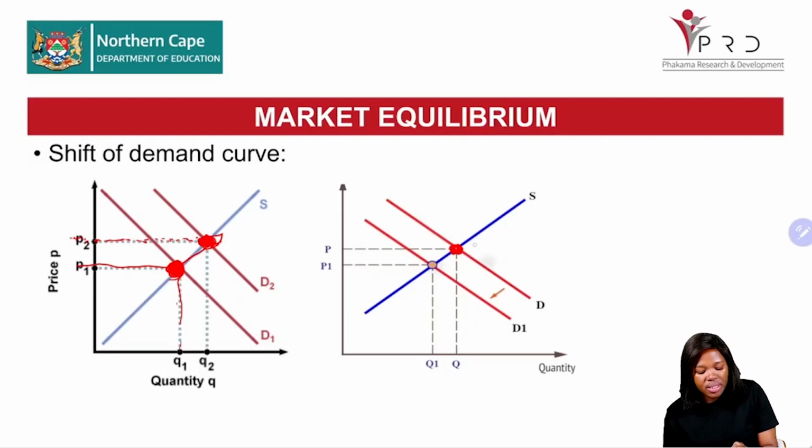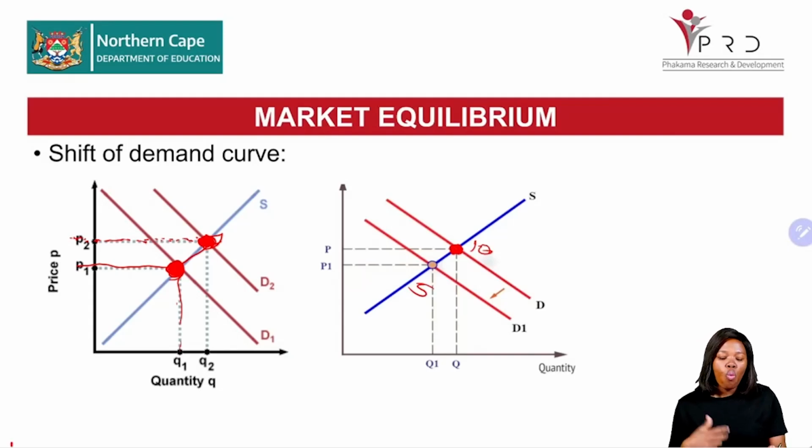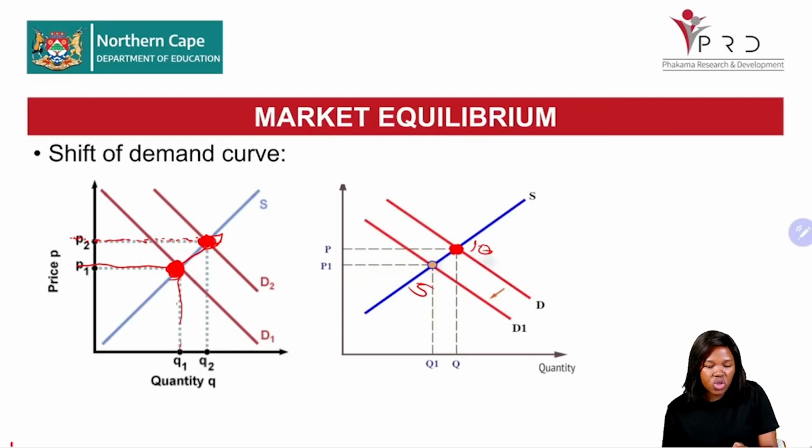we had about 10 consumers that were demanding the product, and then this demand decreased to 5, what will happen in the market? The demand curve will have to shift to the left because the number of consumers has decreased, and that will also decrease what? The equilibrium price.